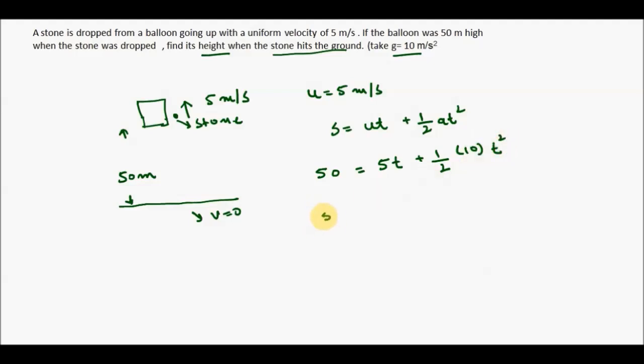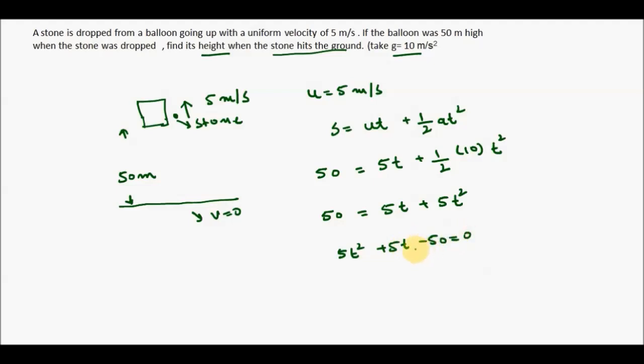So our equation becomes 50 equals 5t plus 5t squared, or I can write simply 5t squared plus 5t minus 50 equals 0.